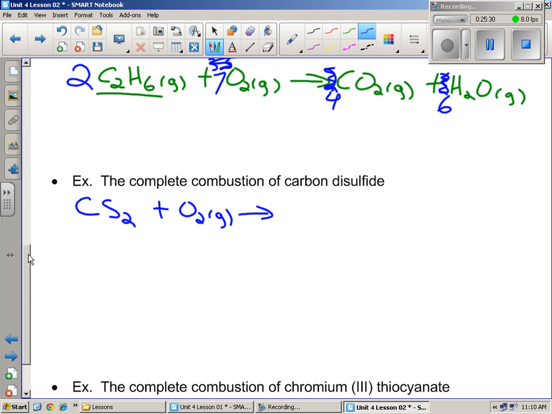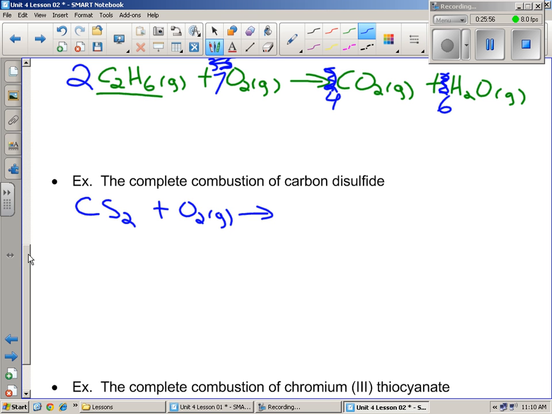Molecular compounds are different because, remember, we're sharing electrons. When do we get to that special melting point or boiling point or whatever? You got to look it up in a book, okay? So that's not as easy. I will tell you, I just want you to leave it blank, but it actually turns out it's a liquid, okay? Which probably most of us wouldn't guess, all right? We're just going to leave it like that, though, okay?